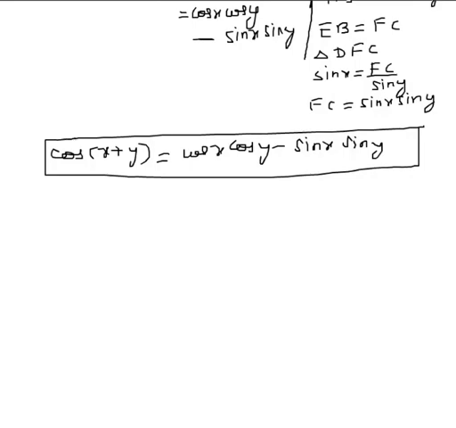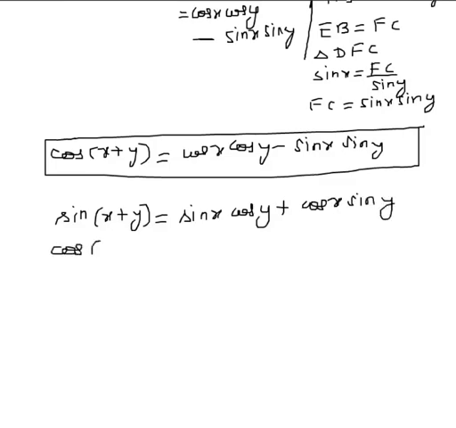Now I'll tell you how to remember this formula. Sin of x plus y. So from the same figure you can derive this formula also. Sin of x plus y is sin x into cos y plus cos x into sin y. And cos of x plus y just now we derived, I am writing it again, which is cos x cos y minus sin x sin y.